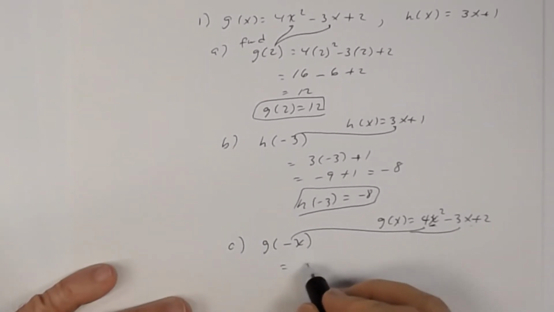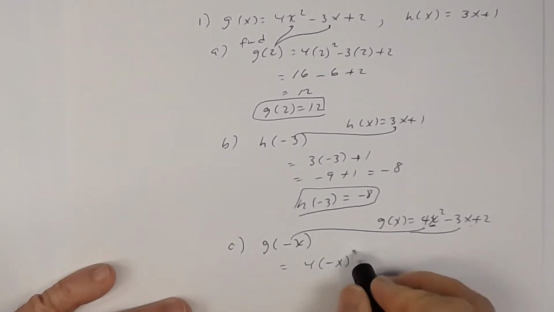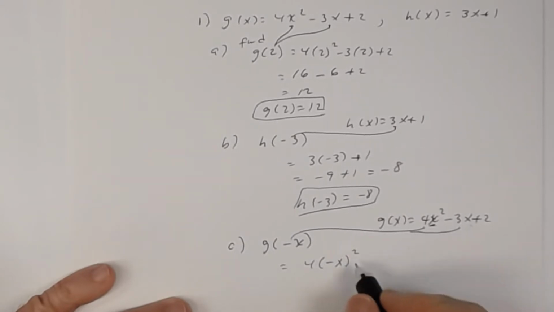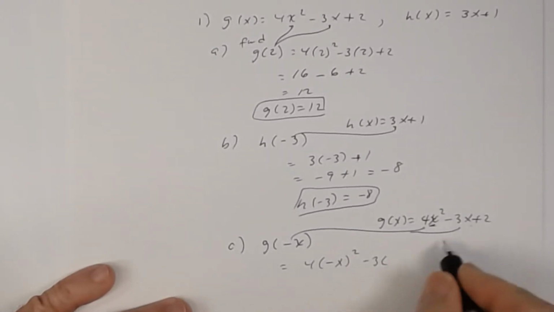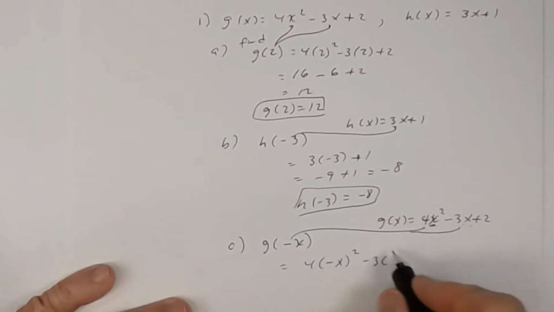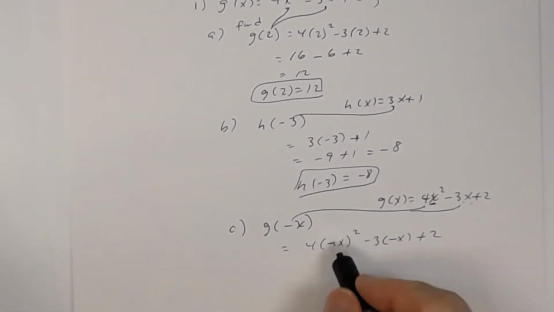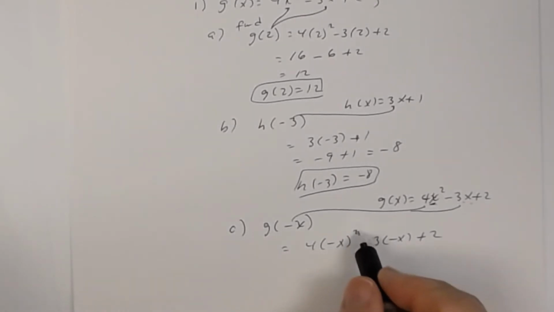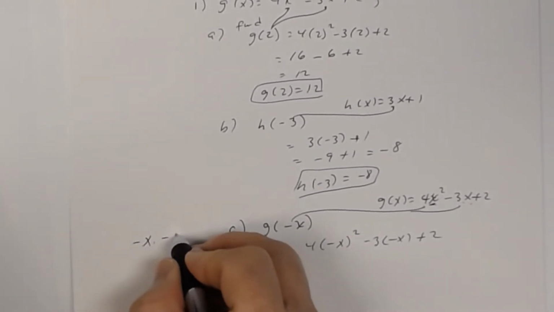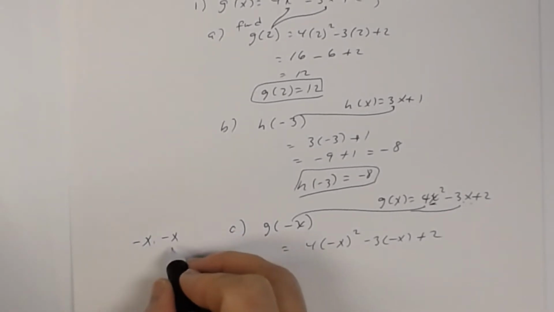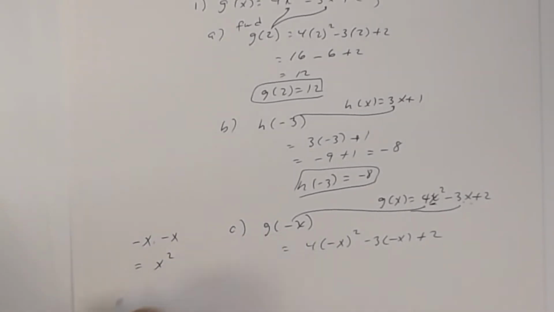So this becomes 4 times negative x squared, minus 3 times my substitution, which is negative x, plus 2. Now let's use the order of operations. You've got to be careful, you've got to think. This is negative x squared, which means negative x times negative x. Negative x times negative x is a positive x squared.